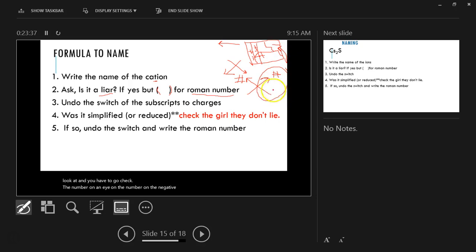You have to go check if that is, in fact, how far away it is from its closest noble gas. Because remember, it could have been reduced, which means we have to unreduce it. Whatever happened to the negative ion also happened to the positive ion. So we will have to unsimplify, unreduce what we did. And then if it has a Roman numeral, you're going to write the Roman numeral in the parentheses.